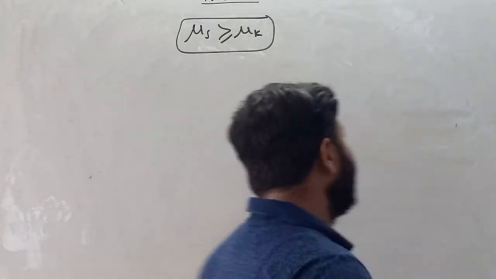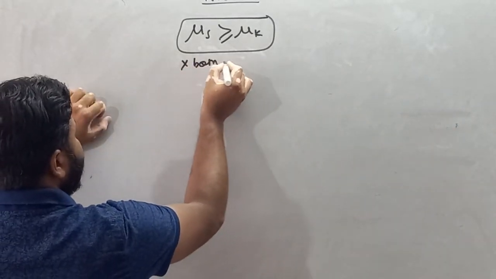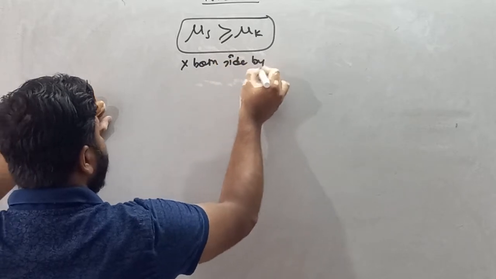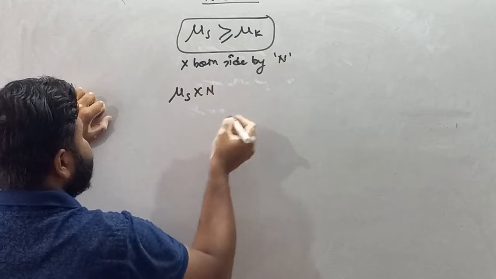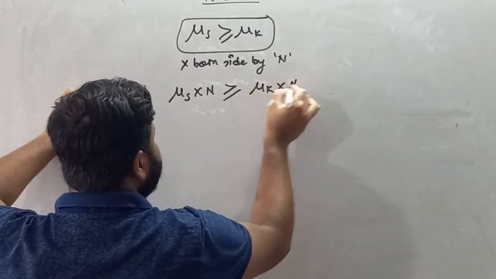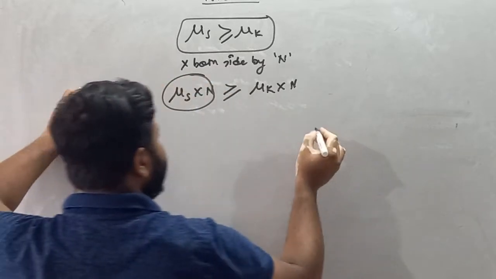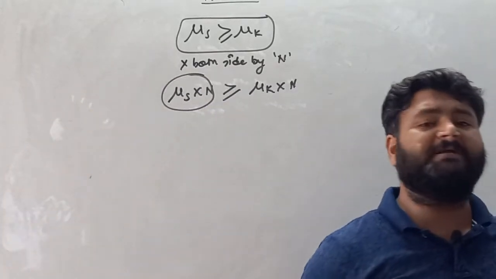Now I'll multiply both sides by the normal reaction force. So we can say mu s into N is greater than or equal to mu k into N. We know that mu s into N is limiting friction.